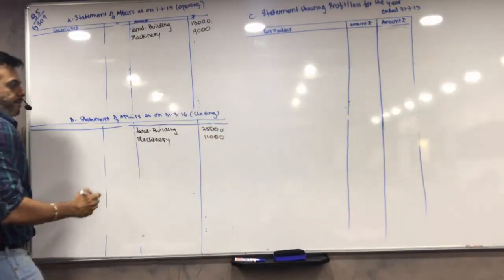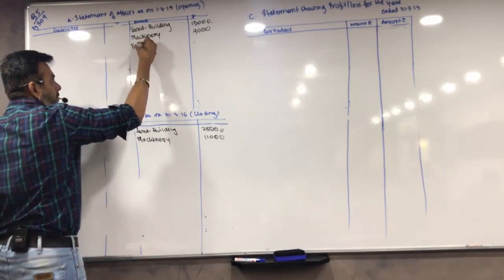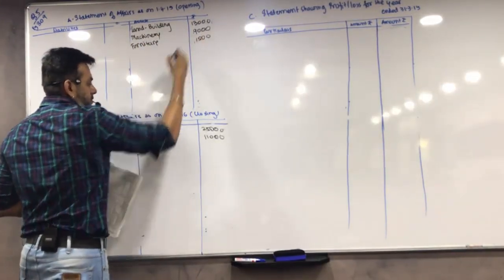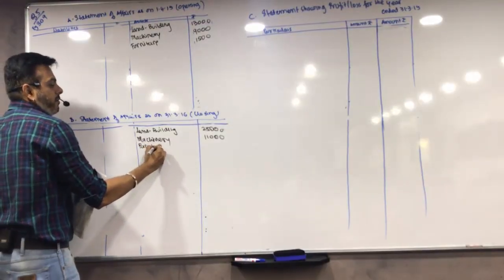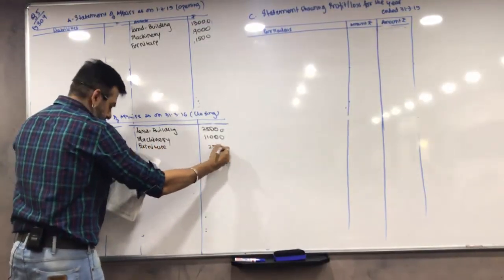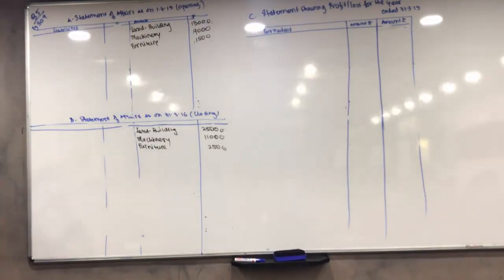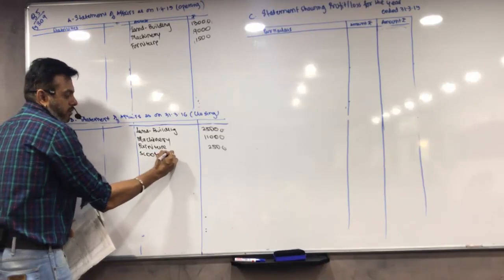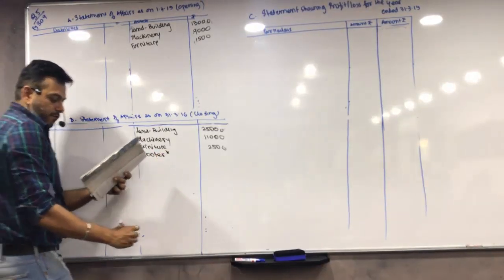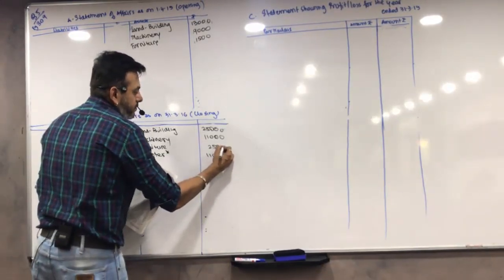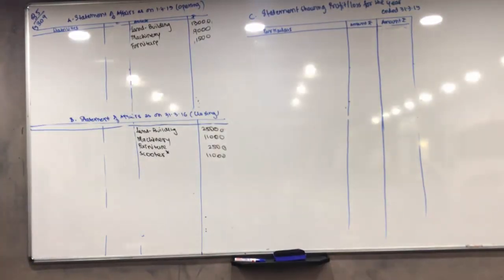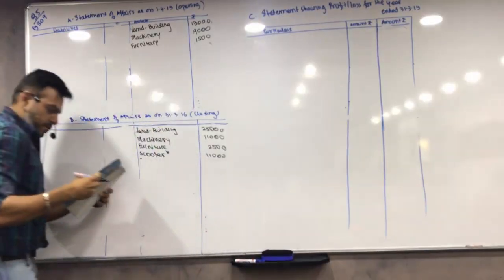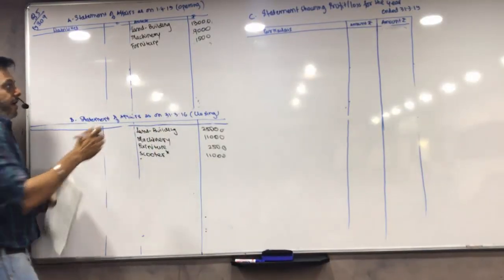Furniture, 1,500. Furniture, 2,500. Now, before you go for investment, you add scooter. You mark it so that you know this is what you included, 11,000. Then investment is 2,500 and 3,000.